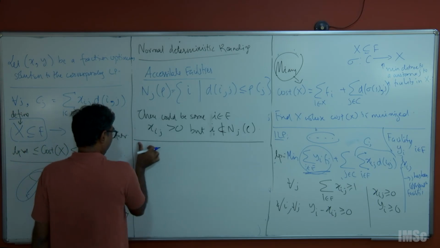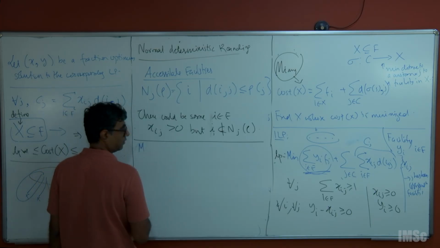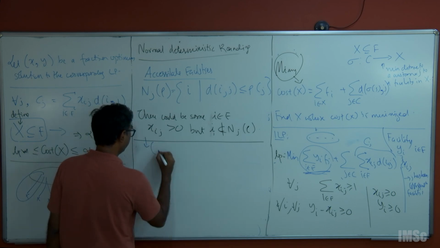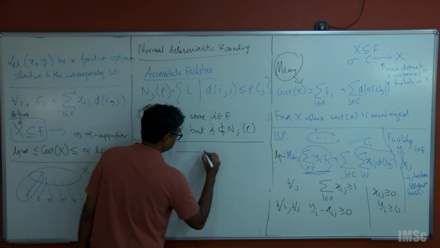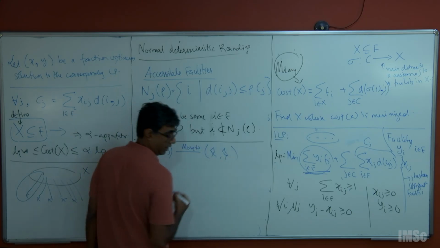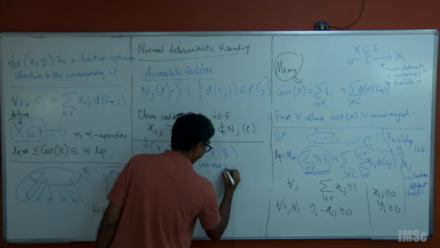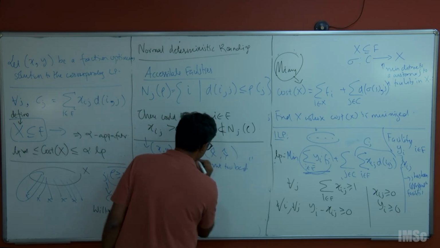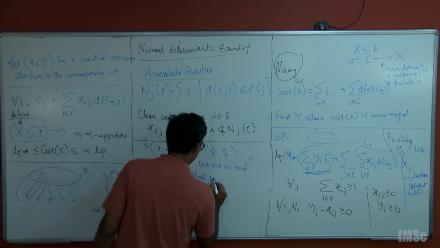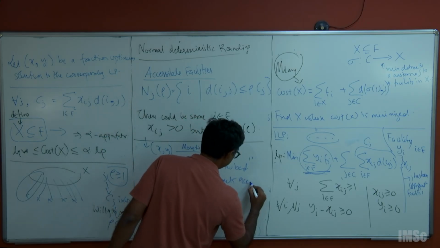Next, what do I do? Given x, y, move to some x hat, y hat, with cost not too bad, and that respects accessibility.